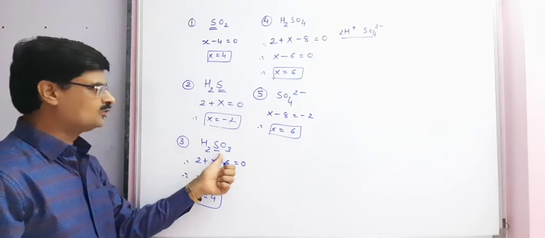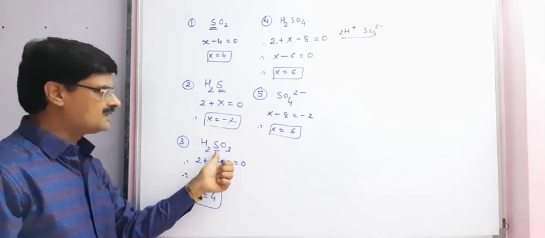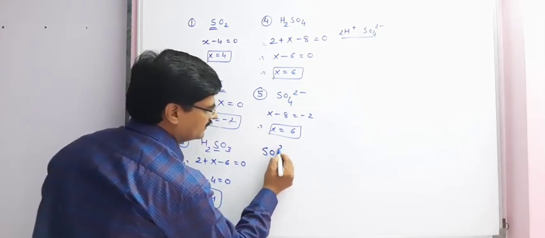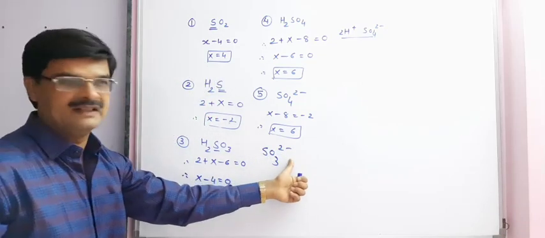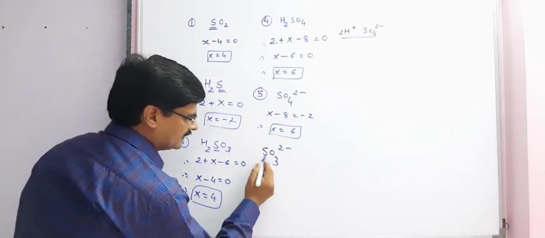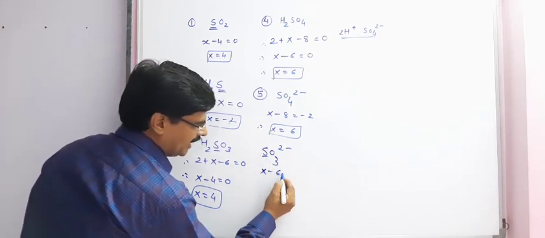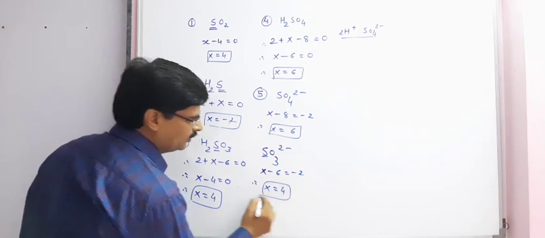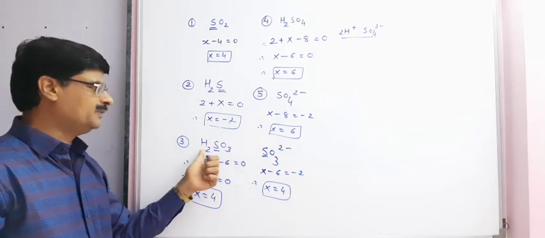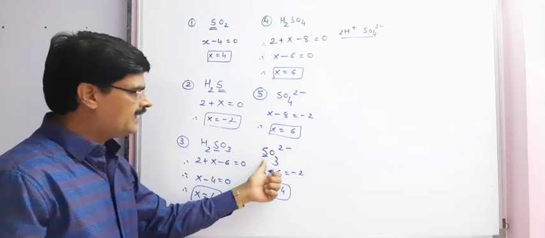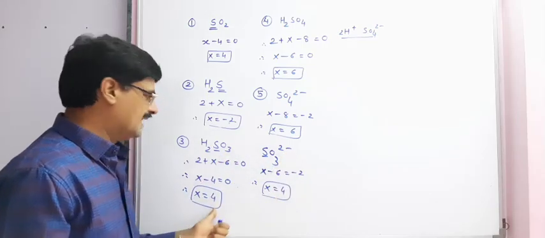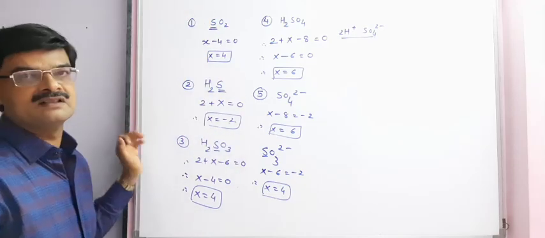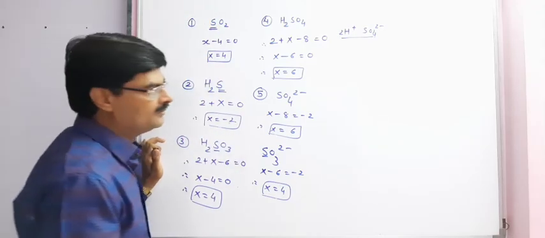Similarly, for sulfur in the SO3 2- ion, X minus 6 is equal to -2, so X is equal to 4. Whether we find sulfur in H2SO3 or SO3 2-, the answer is the same. But we can see that different oxidation states are possible for sulfur.